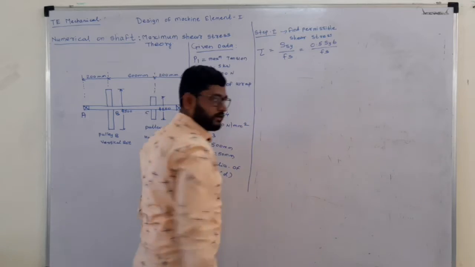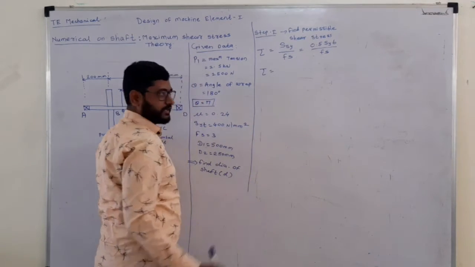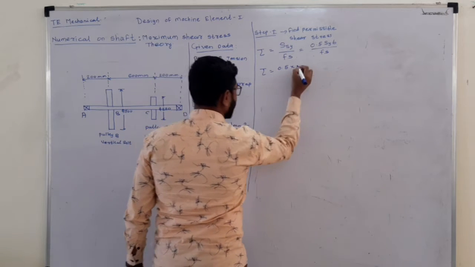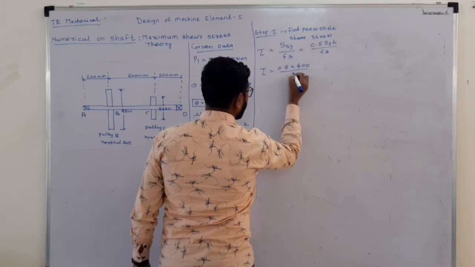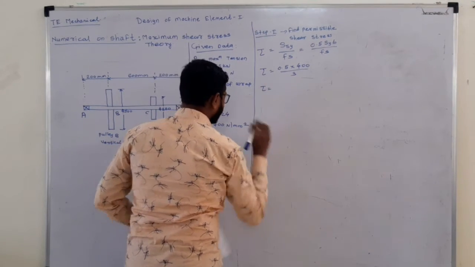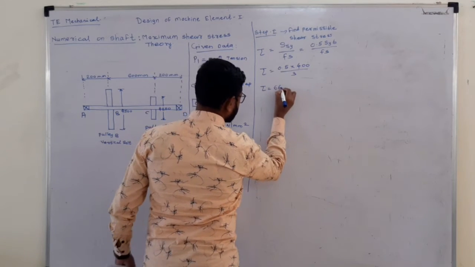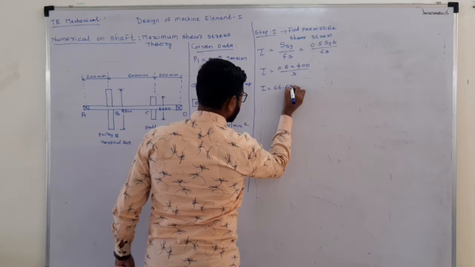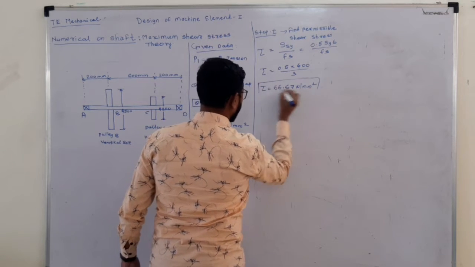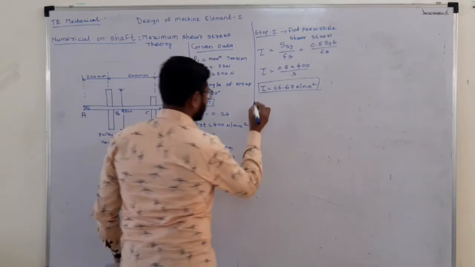So tau is equal to 0.5 into SYT 400 upon factor of safety 3. By calculation, we get permissible shear stress as 66.67 Newton per mm square.